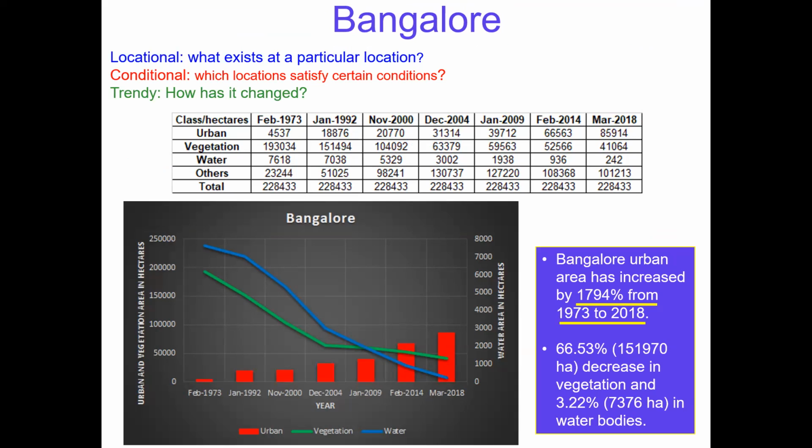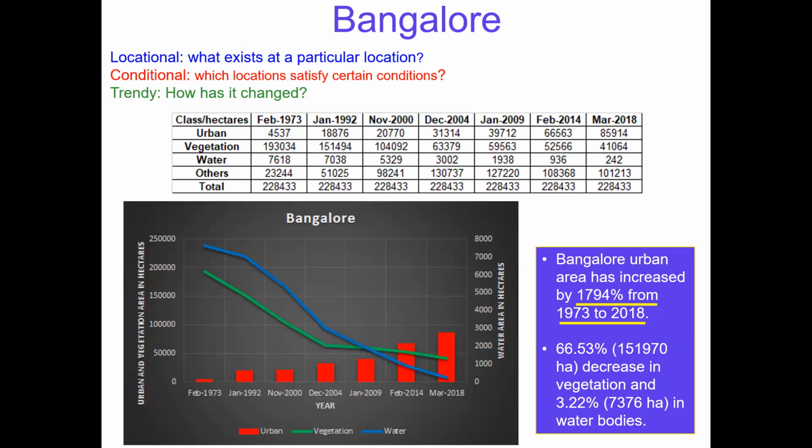Built-up area, for example, has increased by 1794% in the last 45 years. And there is a huge decrease in vegetation, almost 66.5%. And a huge decrease in the number of water bodies.